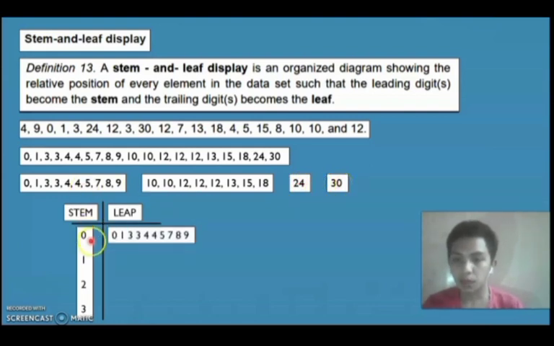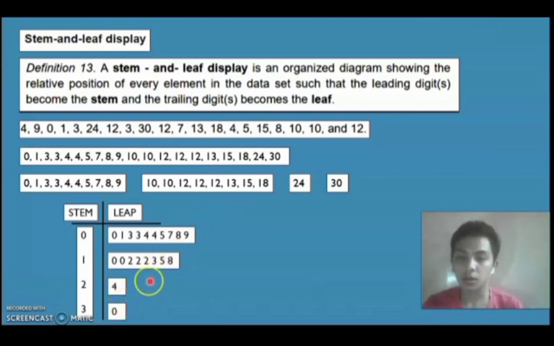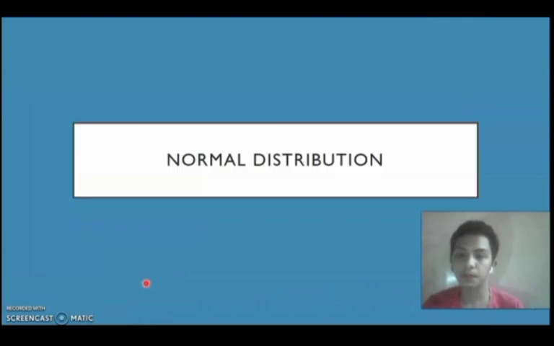First the 0: 0, 1, 0, 2, 0, 3, 0, 3, and so on and so forth. And the leading digit 1 with leaves 10, 10, 12, 12, 12, 13, 14, 15, 18, and then 24 and 30. That's how to make a stem and leaf display.